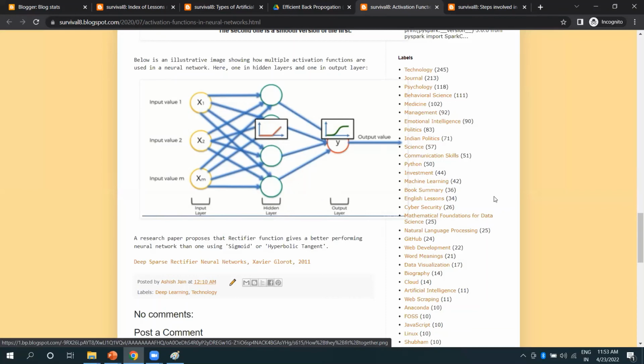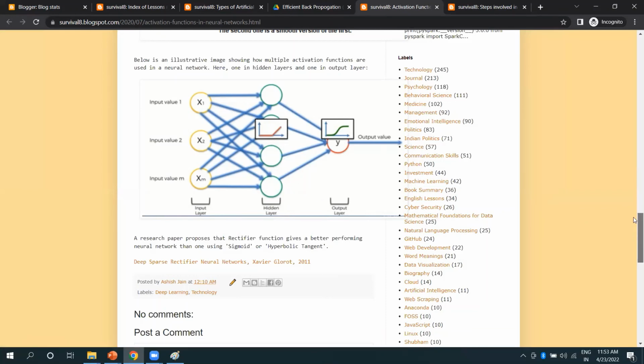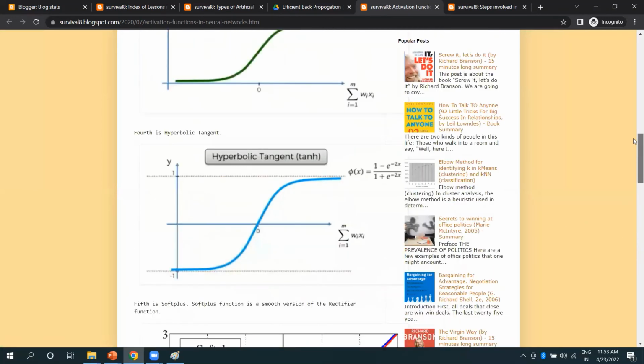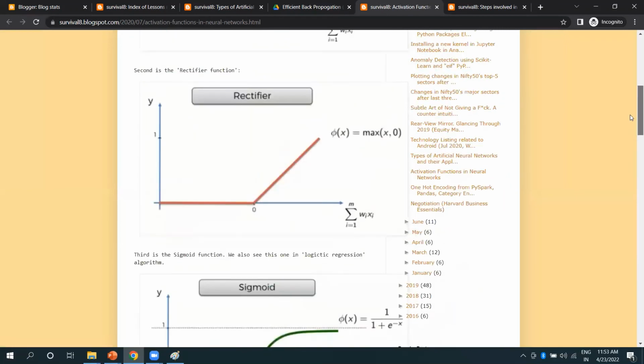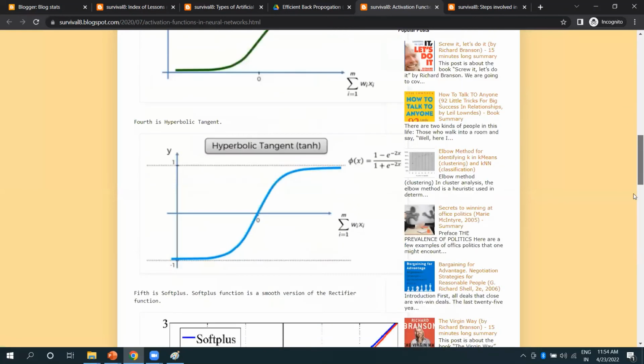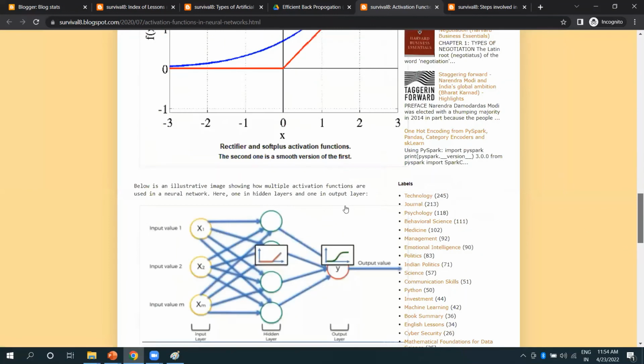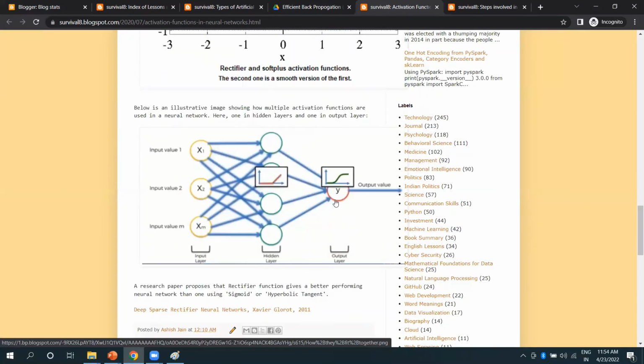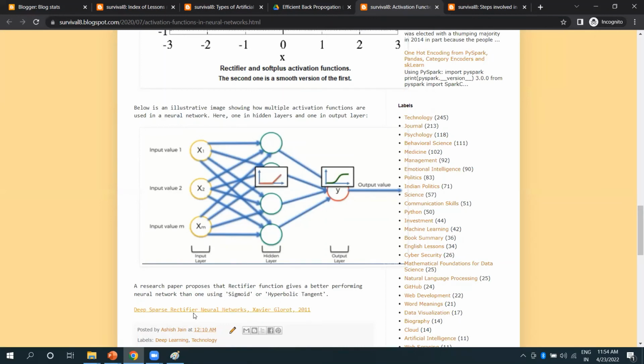ReLU means rectified linear unit. A research paper shows that a rectifier function gives a better performing neural network than one using sigmoid or hyperbolic tangent.